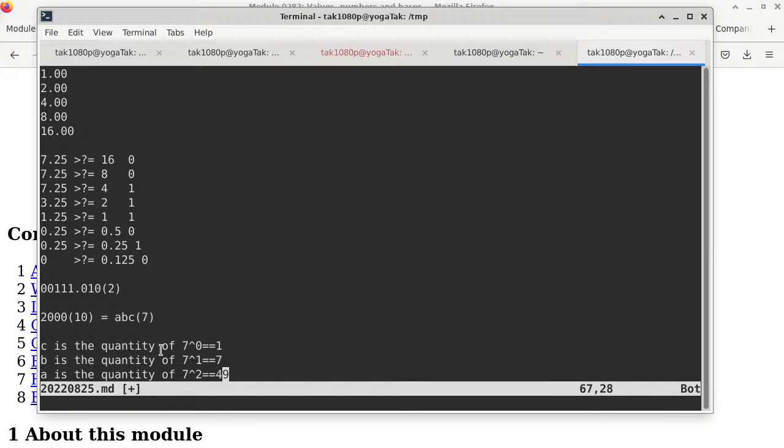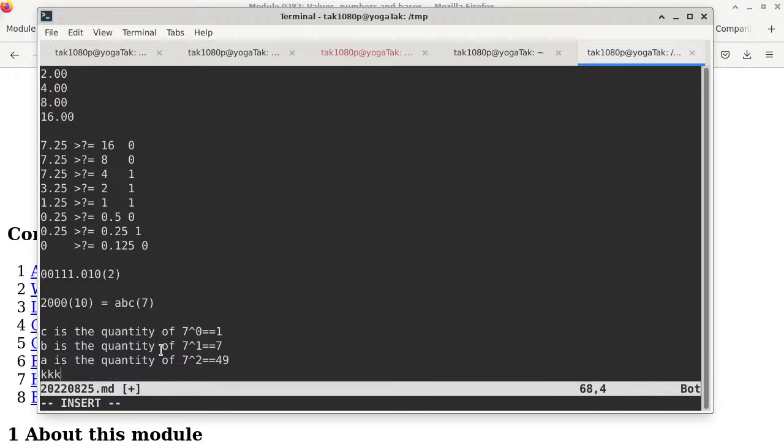And I think we need one more digit. What should I use as a symbol? Z, okay, fine. Z is the quantity of 7 to the power of 3, which is 343. I'm testing how quickly you can do mental math, or if you know the tricks.